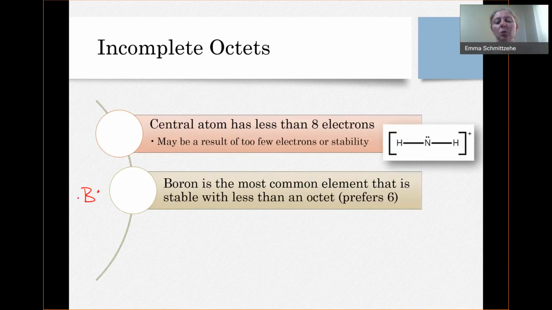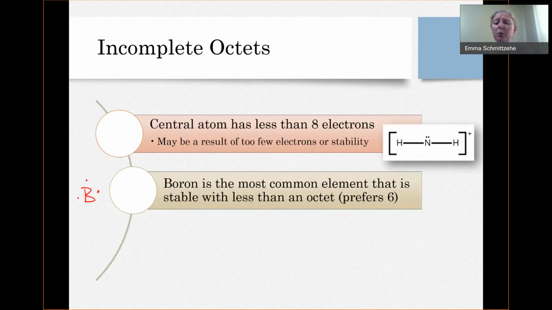Those 3 unpaired dots are somewhat an indication that boron's going to favor having 3 bonds. It can take on 5 to get an actual octet, but that's not the best case scenario for boron. It does prefer to have 6, and it usually will form 3 bonds.